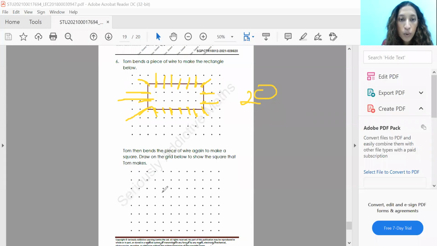So if it's a square and the perimeter is 20, how are we going to draw? Let us try, okay? How about 1, 2, 3, 4, 6? Because it's a square, all the sides should be of the same length.